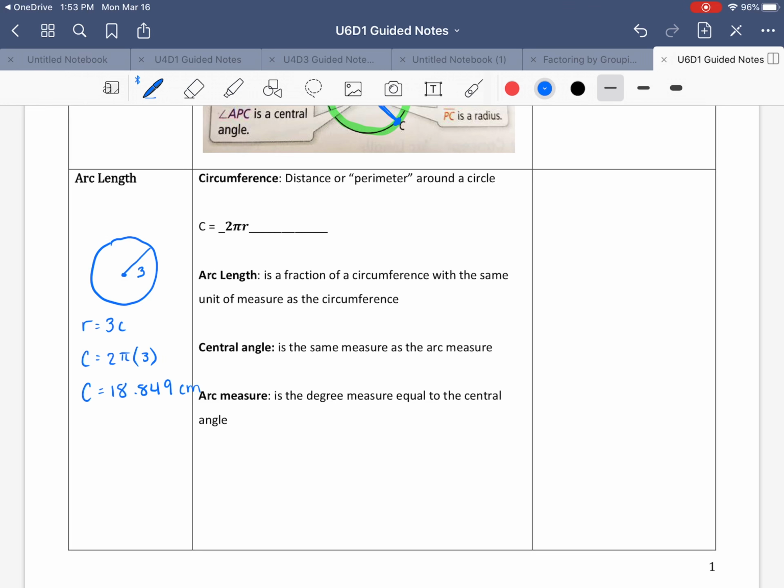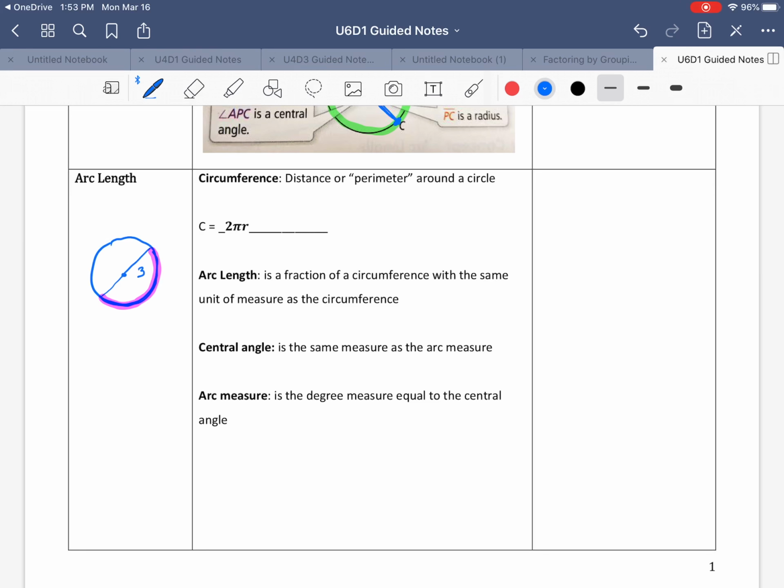Now, if our circumference here is in centimeters, let's say our radius is also in centimeters, and we're finding out what is the arc length for this half of the circle, right there, the arc length would then be half of the circumference. So the arc of half of the circle would be 18.849 divided by 2, which gives us 9.4. All right. And there's an equation that will help us with the arc length, so we'll go to that in a little bit.